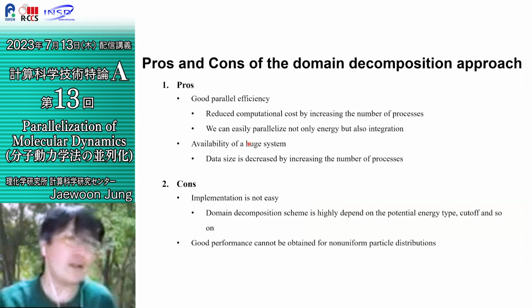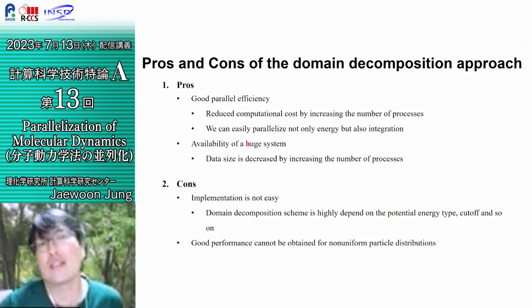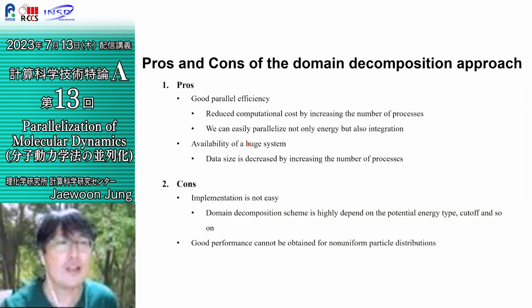Then let's see what is good and what is bad about this domain decomposition. The good thing is that it has good parallel efficiency. By increasing the number of processors, we can reduce the computational cost.